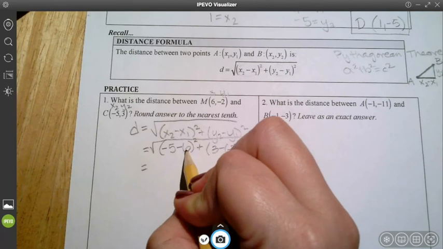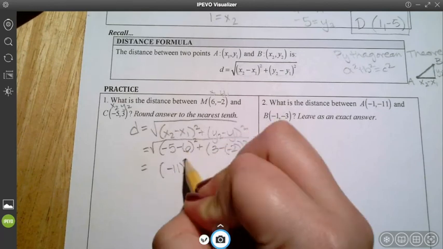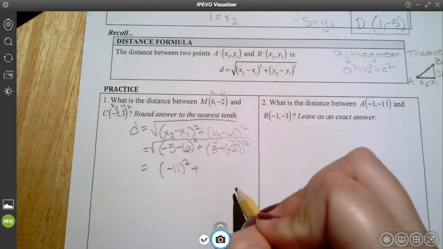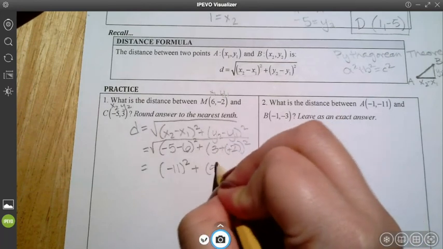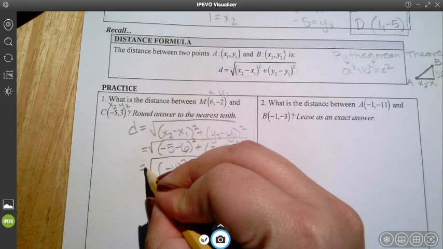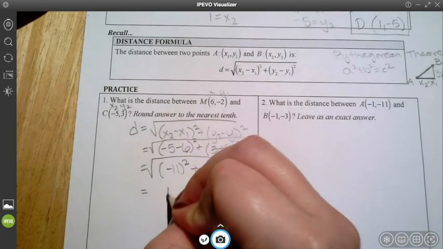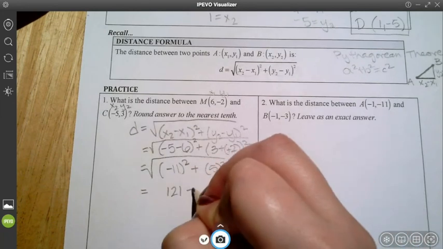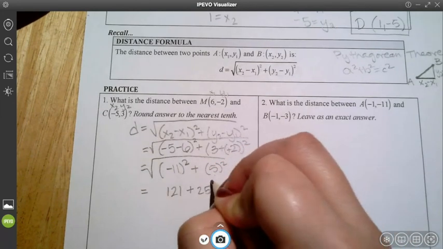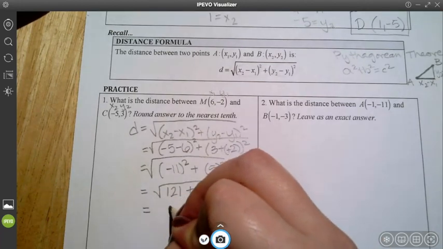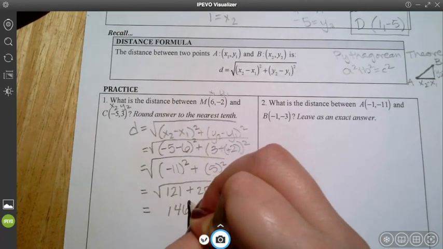Negative 5 minus 6 is negative 11. Negative 3 minus a negative 2 becomes positive, so that becomes 5 squared, all under a square root. 11 squared is 121. 5 squared is 25. 121 plus 25 is 146.